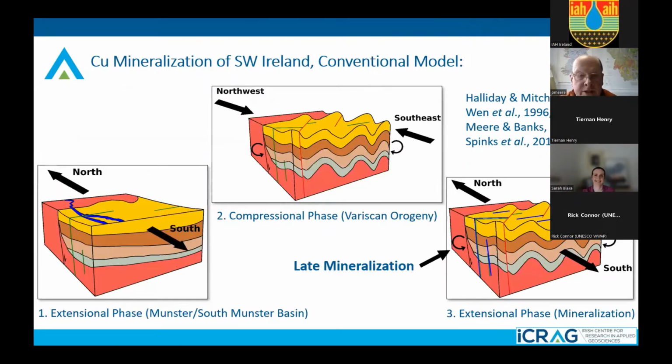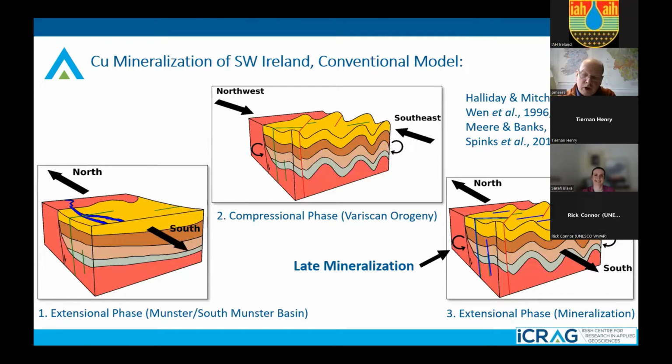One of the reasons we were looking at this was copper mineralization, and in a way this is an excuse for us to explore the structure in more detail. Southwest Ireland has historically been a significant copper mining locality, for the most part vein-hosted copper.